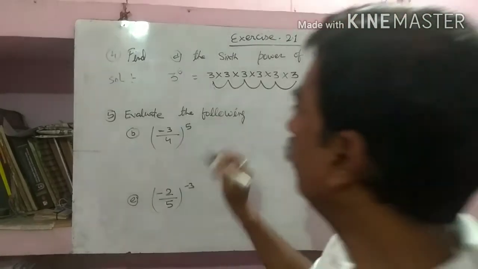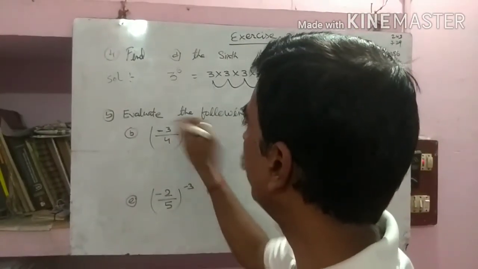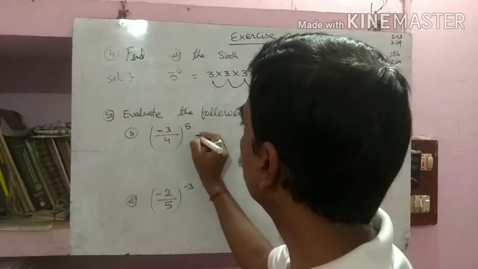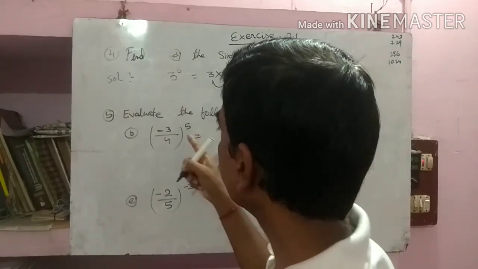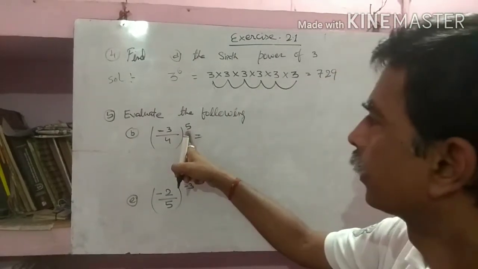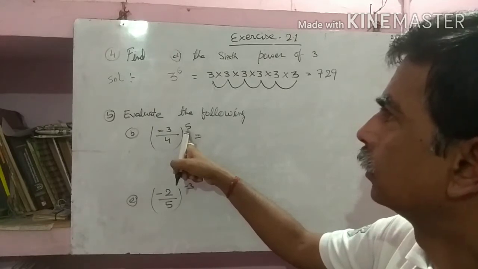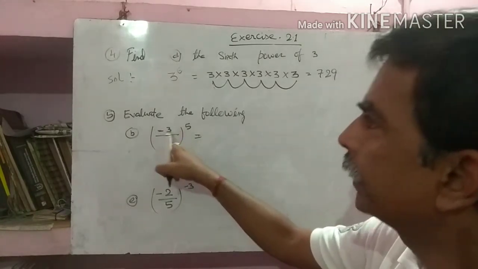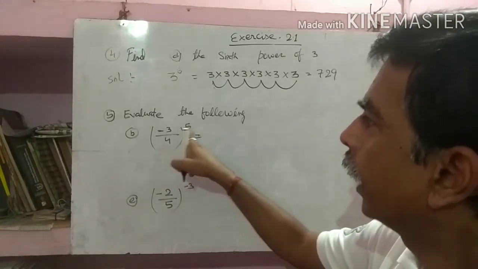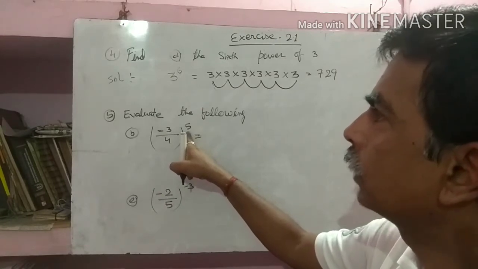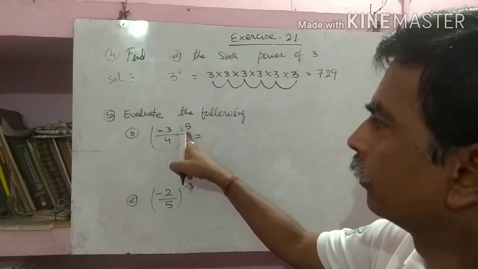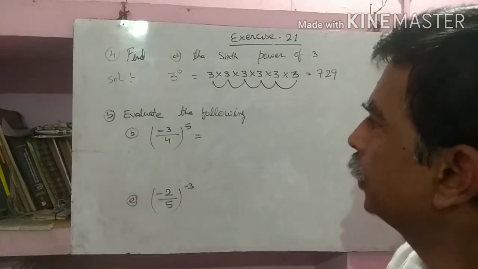Similarly, evaluate the following. Means we have to find the value of this one. So as given, the power is an odd number. If the base is negative and the power is odd, the result will be negative. Okay, as we discussed initially.